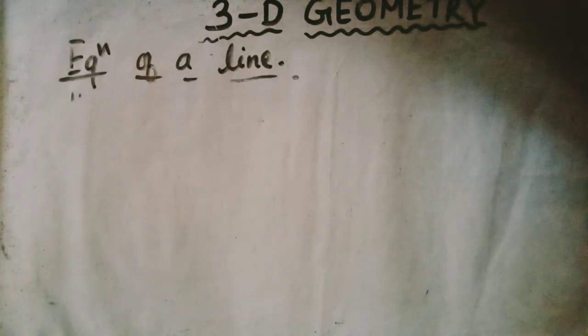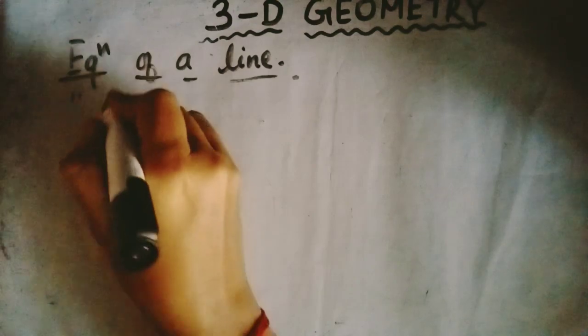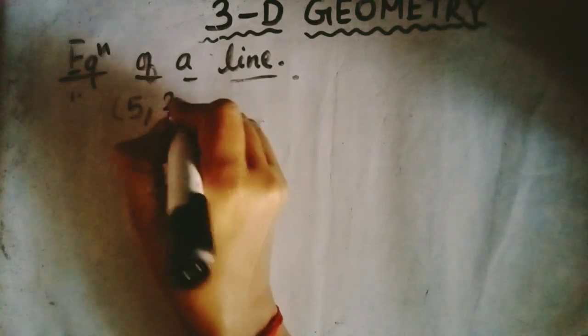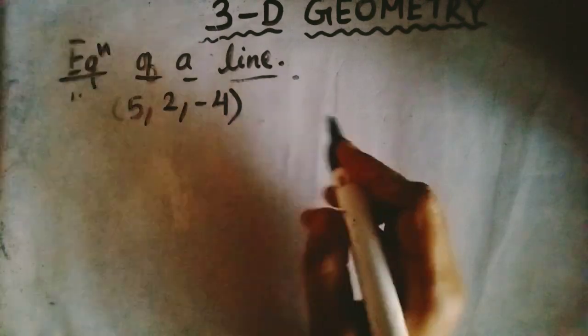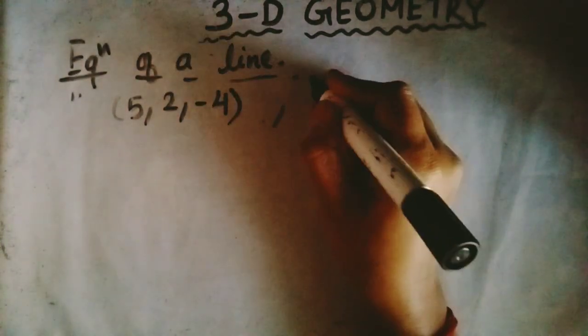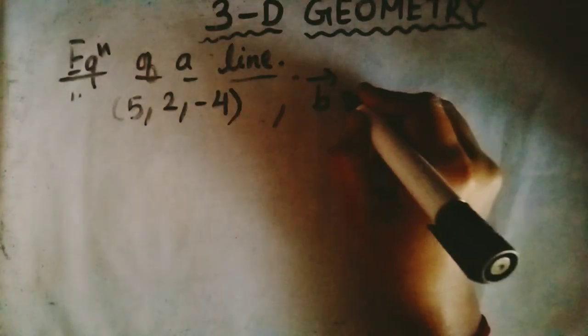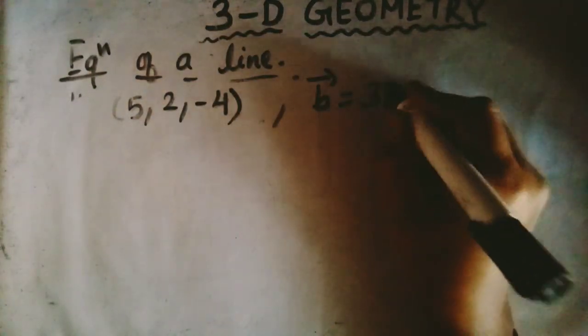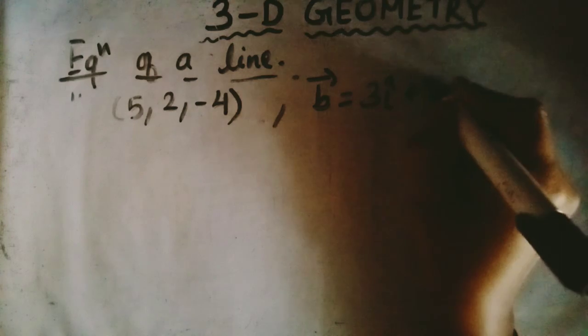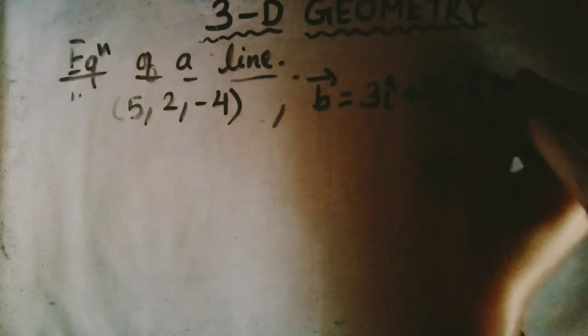Let's solve one example. Find the vector and the Cartesian equation of the line through the point (5, 2, -4) which is parallel to the vector 3i plus 2j minus 8k. Since this vector is given as parallel, you can directly write B vector as 3i plus 2j minus 8k.